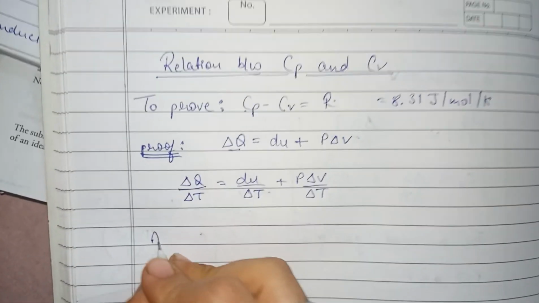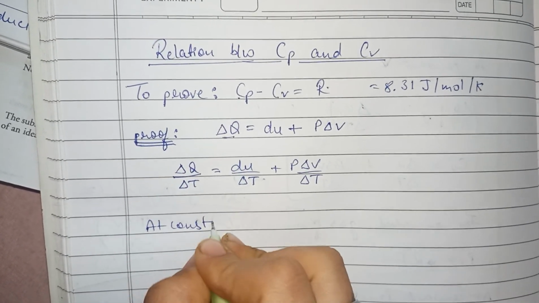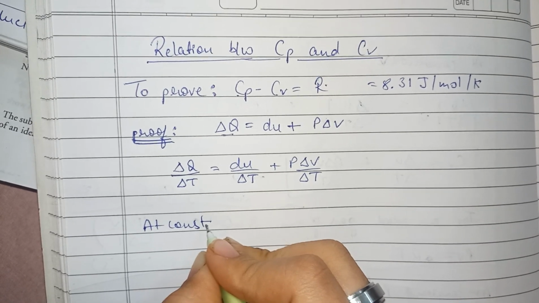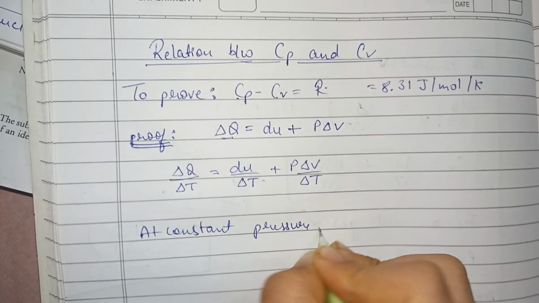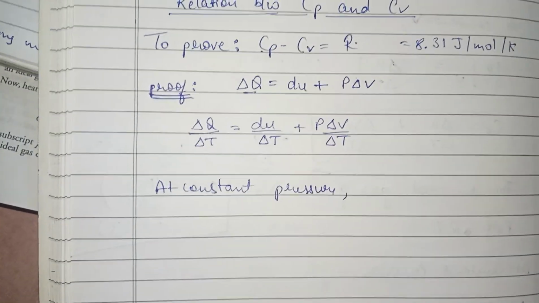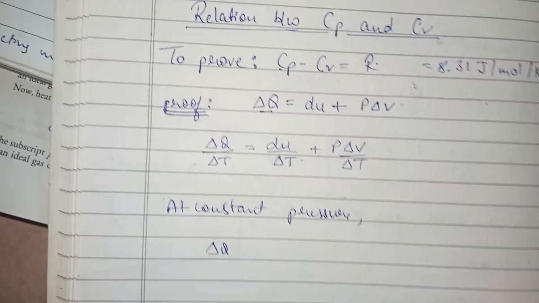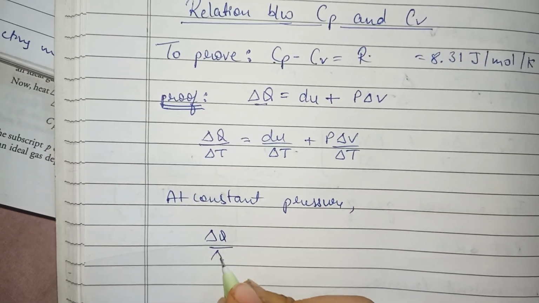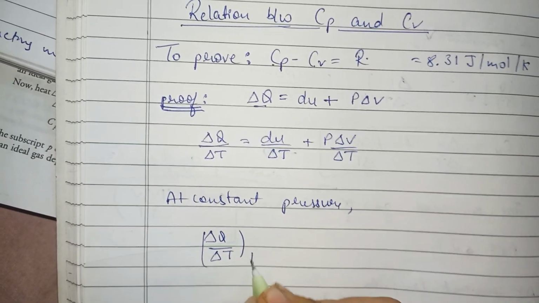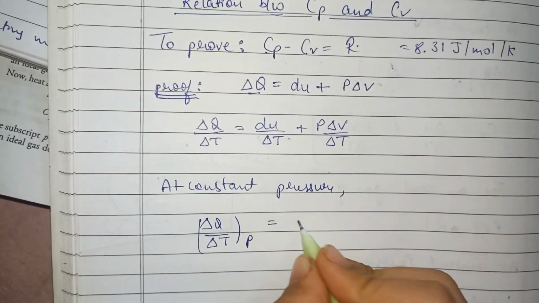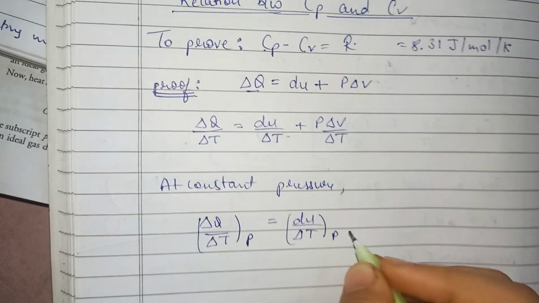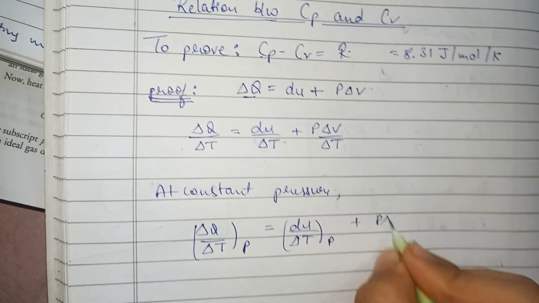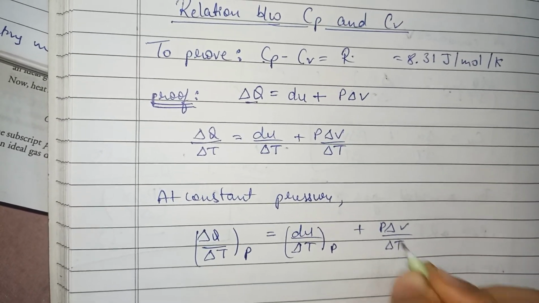Now, at constant pressure, this will be delta Q upon delta T at constant pressure is equal to dU upon dT at constant pressure plus P delta V upon delta T at constant pressure.